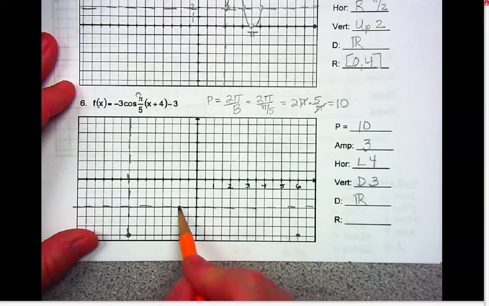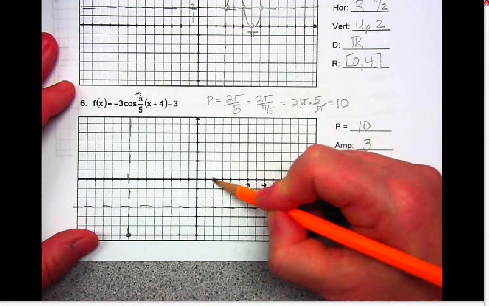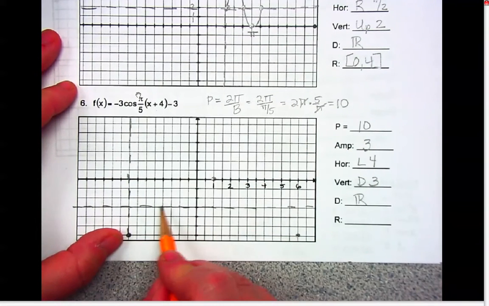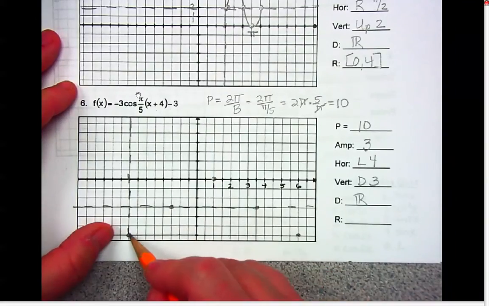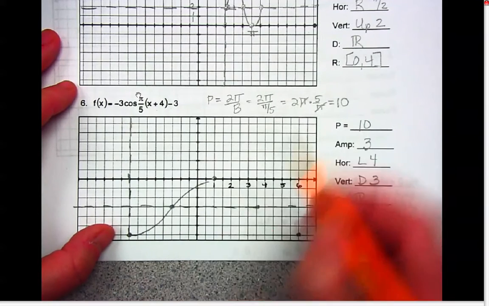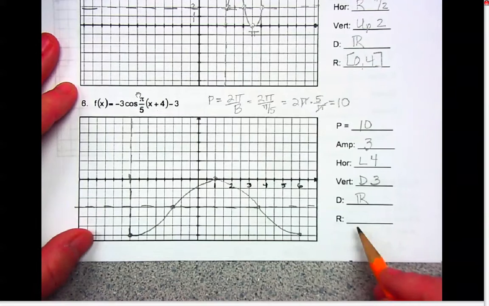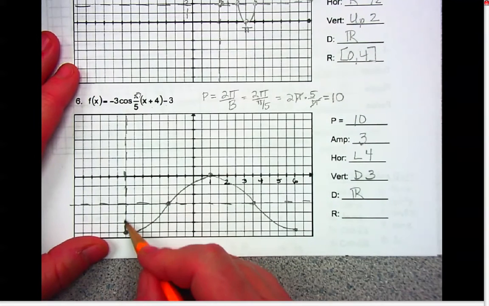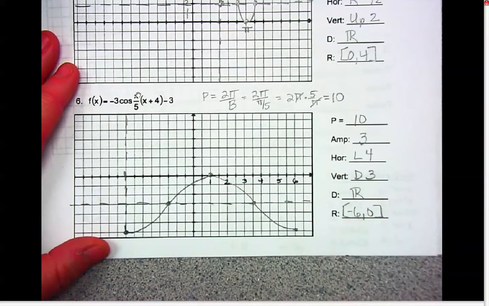And we'll go up 3 from here. 1, 2, 3. Halfway between 5 would be 2.5. Then we'll draw the cosine. Right, so the range is from -6 to 0.